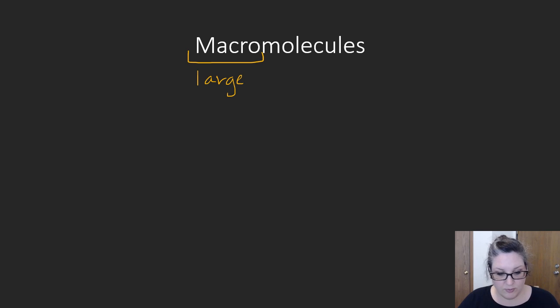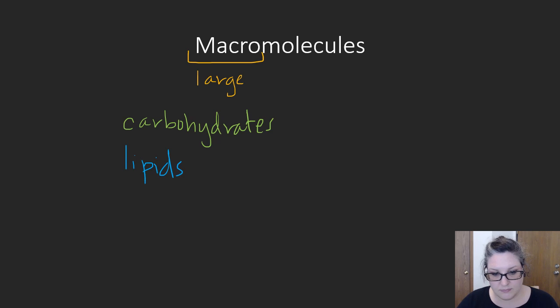And of these macromolecules, there are 4 major types. And those are carbohydrates, lipids, proteins, and nucleic acids.